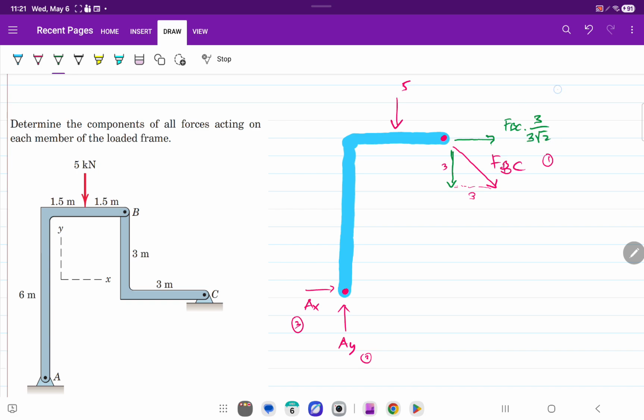So it becomes this. And then this one also, FBC times 3 divided by 3 square root of 2.